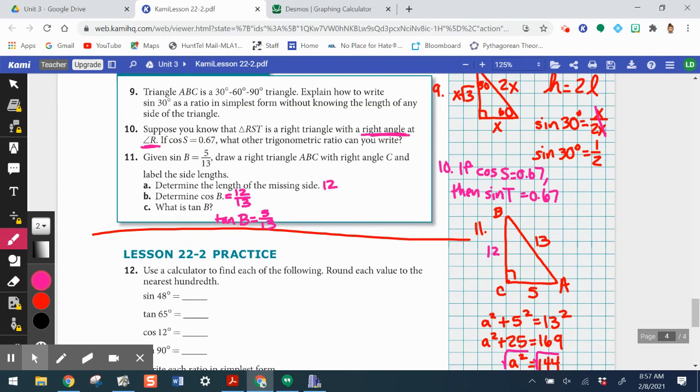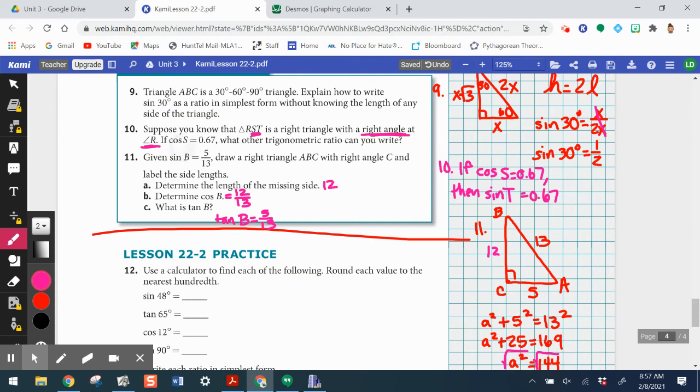Now, item 10, interesting question. Suppose you know that triangle RST is a right triangle with right angle at angle R. So our two acute angles are going to be S and T, which we've already established. Those two angles have to be complementary angles. And what we just saw in item 8 is that trig ratios of complementary angles can be equal.